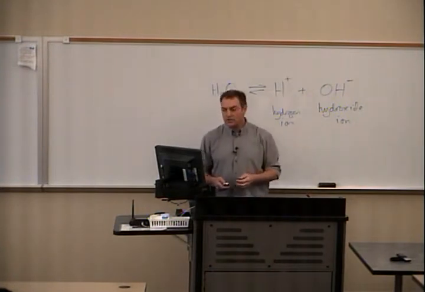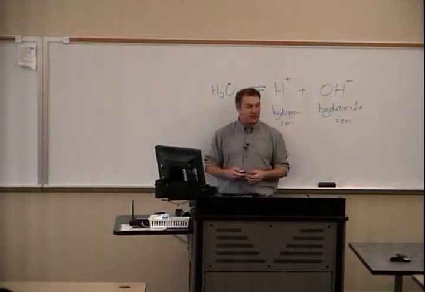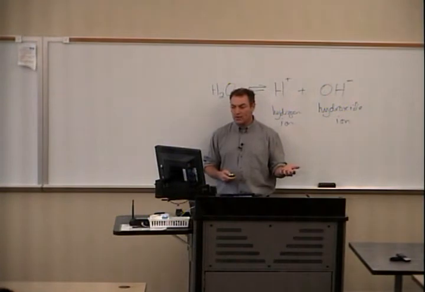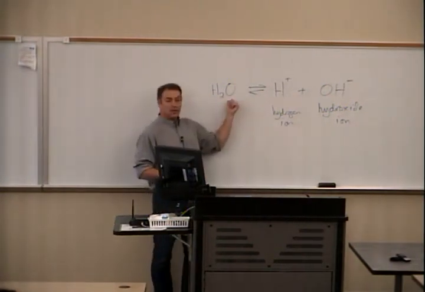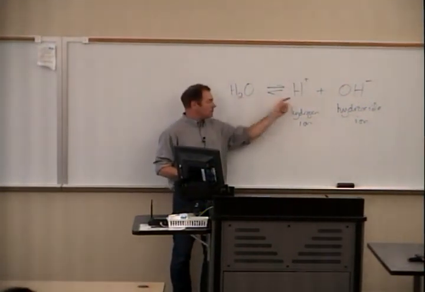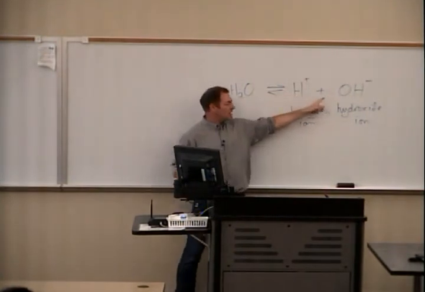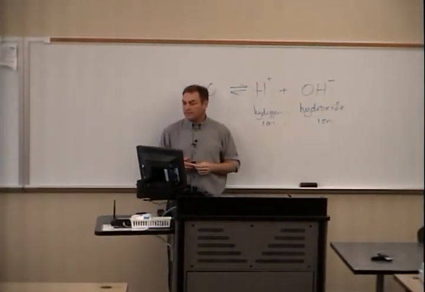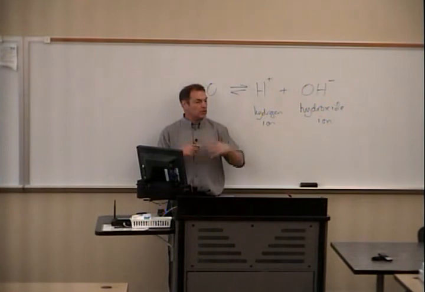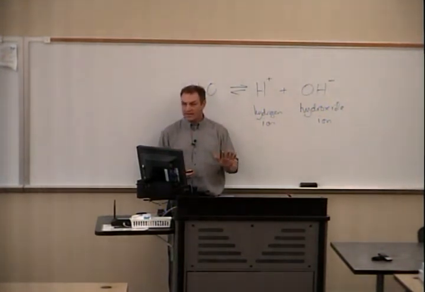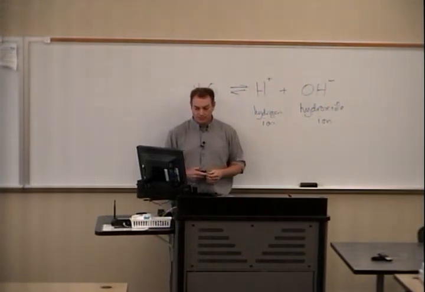So now we've got to look at the consequences of that. So in any sample of water, we've obviously got loads of water molecules, but we've also got some hydrogen ions and some hydroxide ions. Everybody okay so far then? Comfortable? All right.